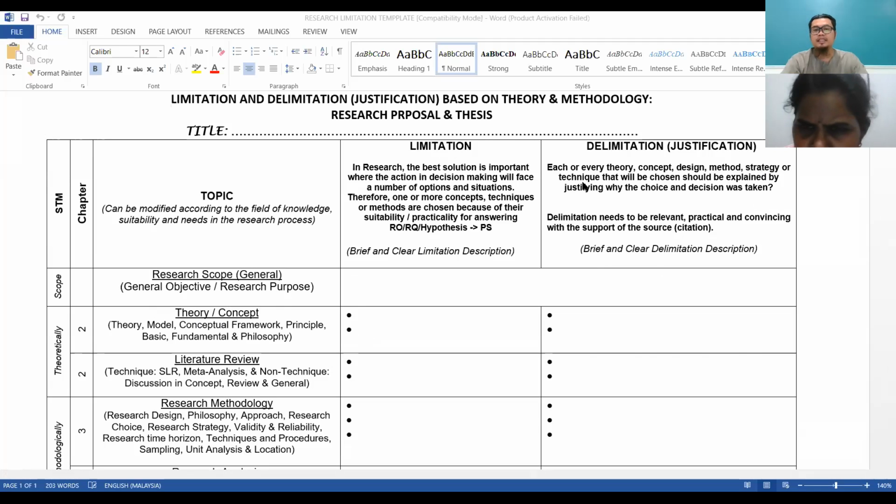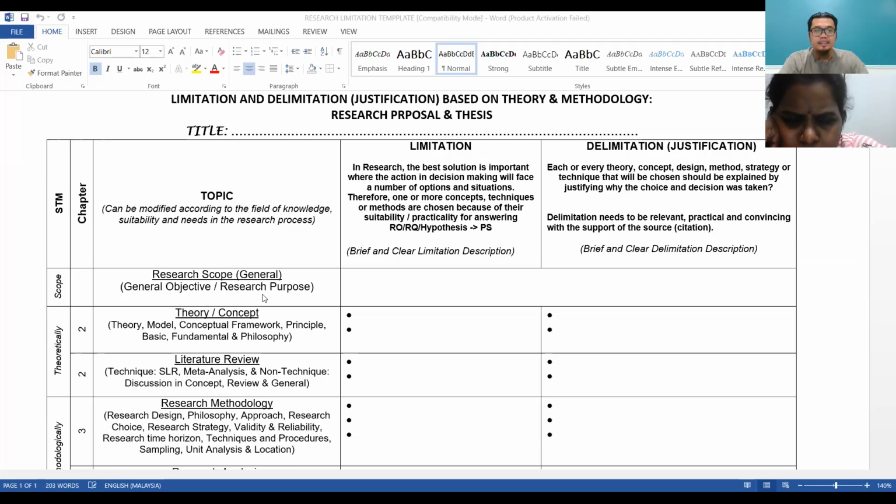Delimitation justification means that each theory, concept, design, method, strategy, or technique that is chosen should be explained by justifying why the choice and decision was taken. Delimitation needs to be relevant, more practical and convincing, with the support of sources, or what we call citations. Again, with this template, you need brief and clear delimitation descriptions.